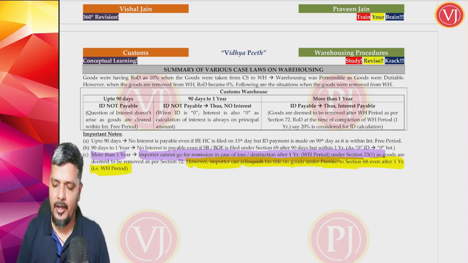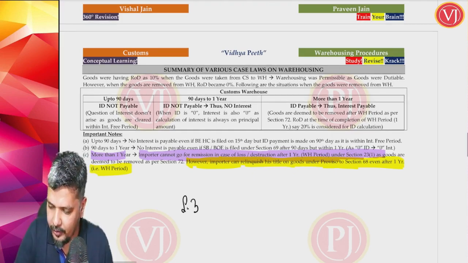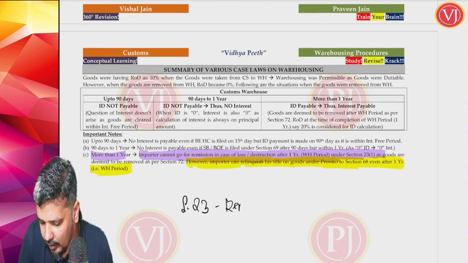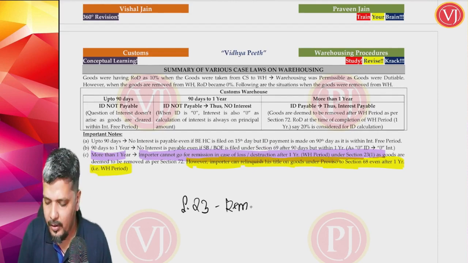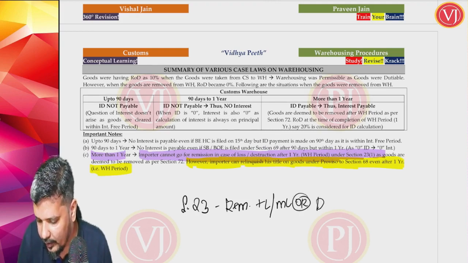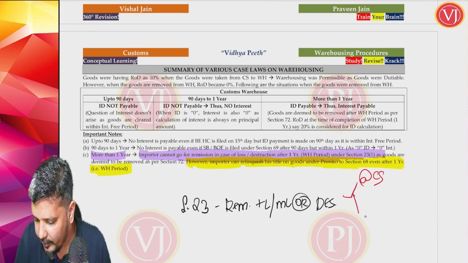See, normally when I talk about section 23 benefit, section 23 benefit of remission in case of total loss, major loss or in case of destruction, it is available whether the goods are at customs station or the goods are at customs warehouse.